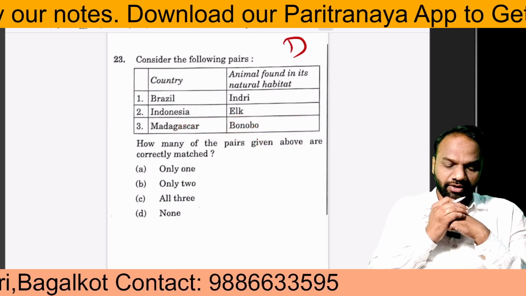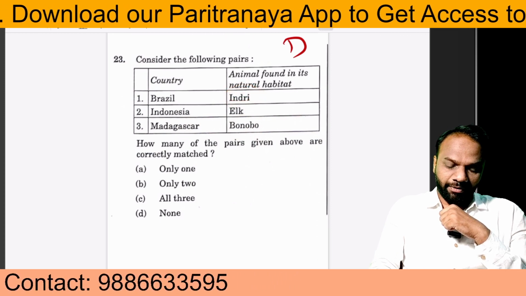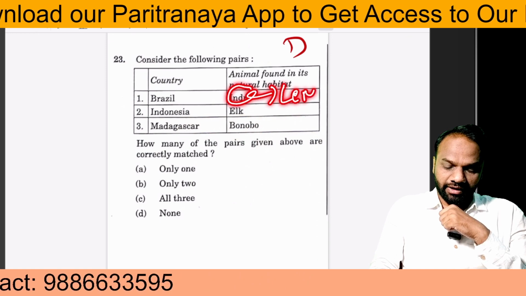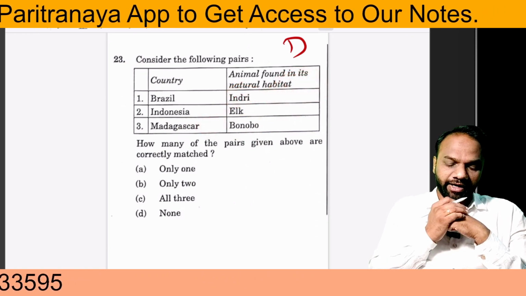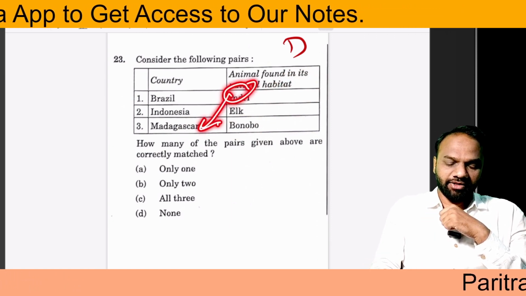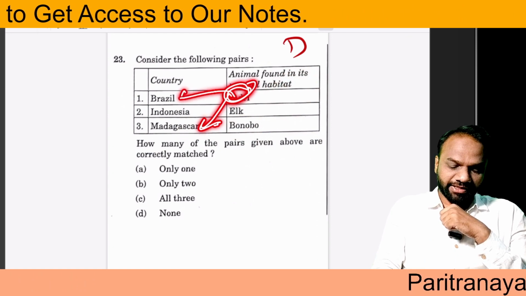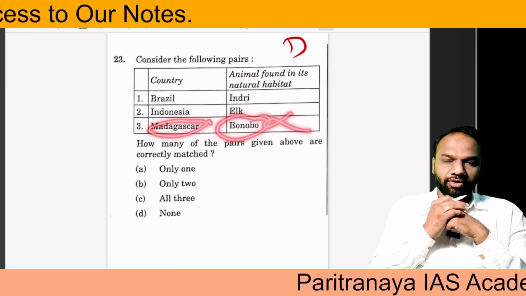Hence it is wrong. Next, Indri. It's a type of lemur. Lemur species are native to Madagascar, so this should have been matched with Madagascar. Hence, this Indri pair with Brazil is also wrong. And similarly, bonobo, Madagascar, this is also wrong.